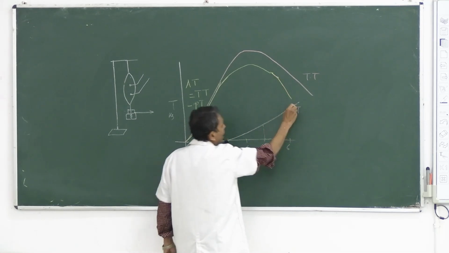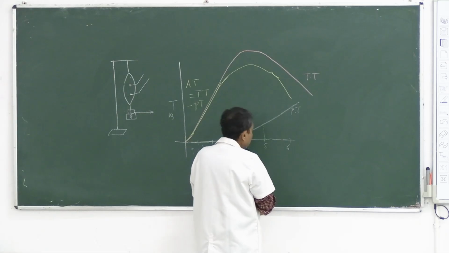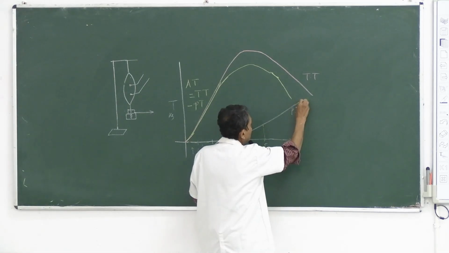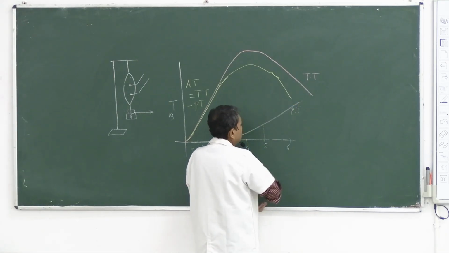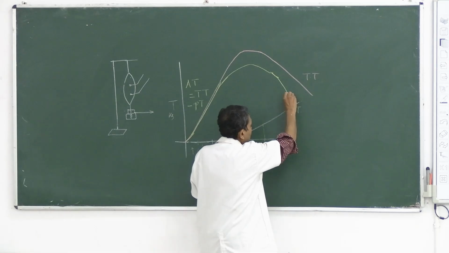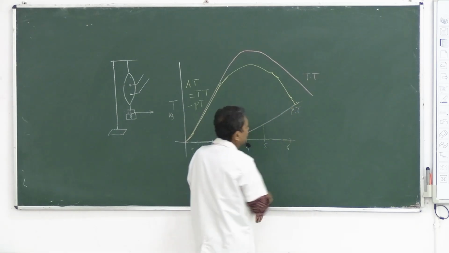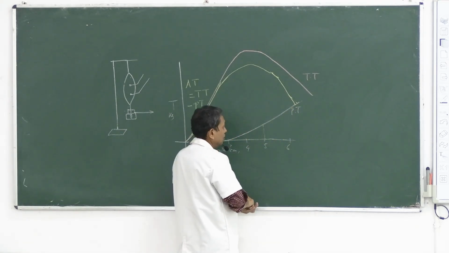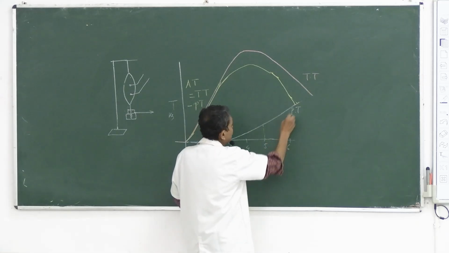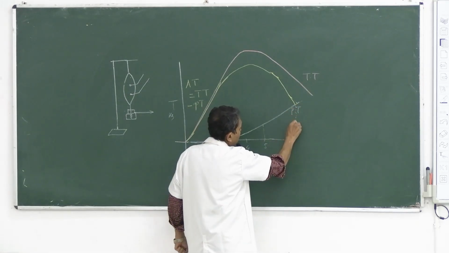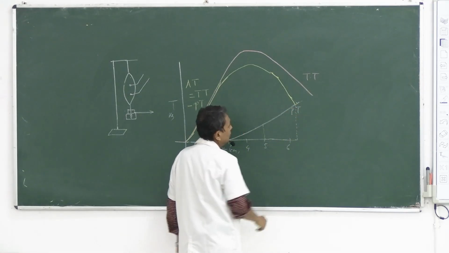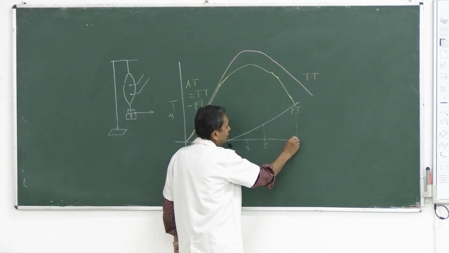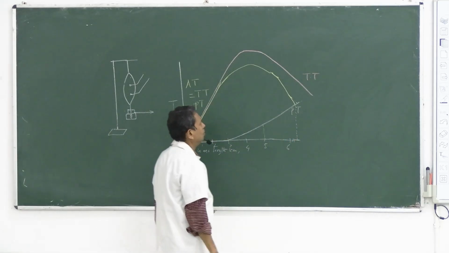If the length is further increased, it is possible that this active tension then binds with it, so that no force can be generated in this case. That is the active tension. From this point, active tension is at 0 level at any length, whatever may be the length.